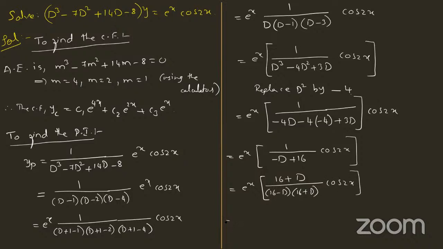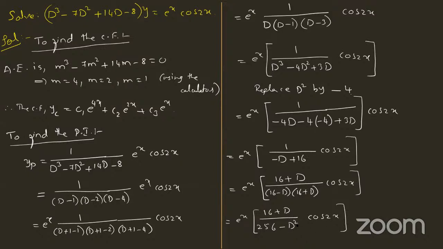So this is equal to e power x into, so we have a 16 plus d. I'm writing that as it is, but in the denominator, it's like a minus b into a plus b. So it's a square minus b square. So 16 into 16, it is 256 minus we have a d square. And you're operating this on cos 2x. Now, because you have a function of d square, you need to again replace d square by minus 4, isn't it?